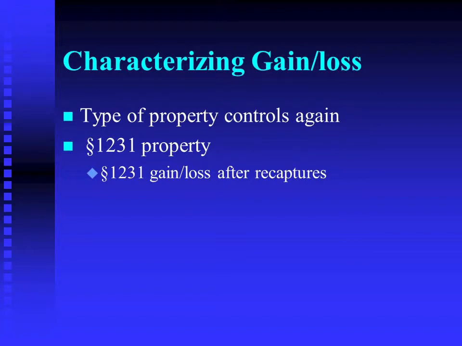And when I use the term recapture, I'm not recognizing more income. What I am doing is recharacterizing what was potentially going to become a long-term capital gain. I'm recharacterizing it as ordinary income so that it's always going to be taxed at the highest marginal tax rate.